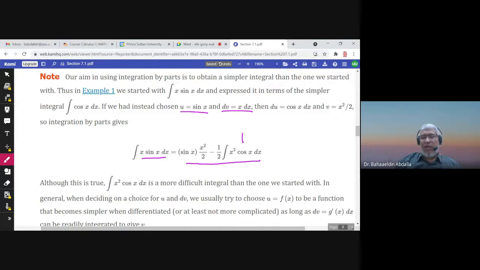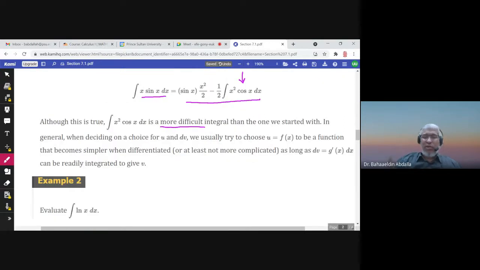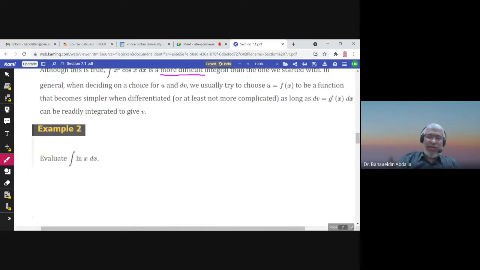And the new integral would be more difficult than the original one, because in the original one we have x to the power 1 times sine, and now we have x to the power 2. So this proves to you that we are not going anywhere if we continue like this. So we need to choose u to be x, not sine x.